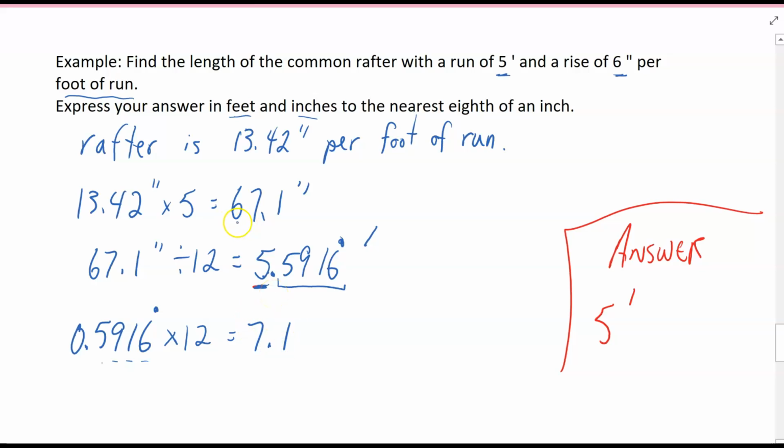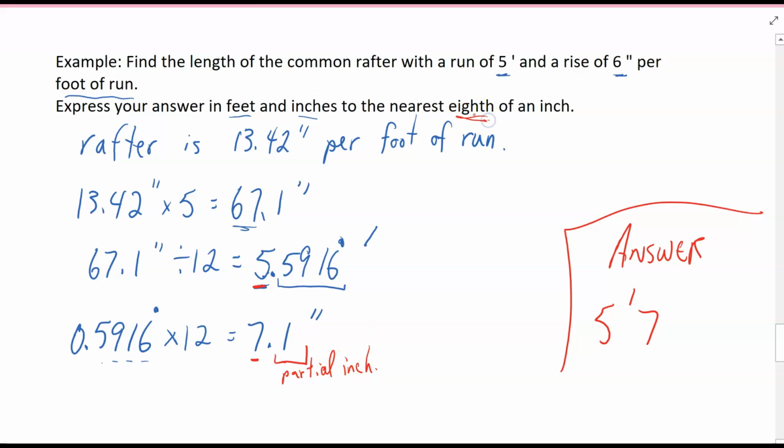And if you want to go straight from that, knowing that 60 inches up here would have been your 5 feet, leaving 7.1, that's another way to go. So 7.1 inches. That means our 7 inches and we have a partial inch here, okay? This is a partial inch.